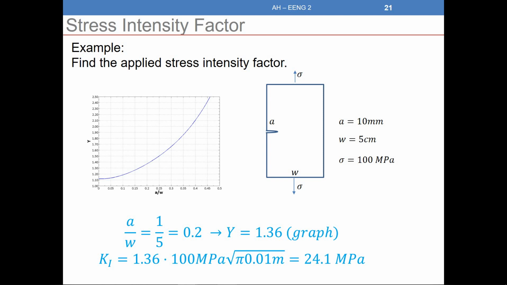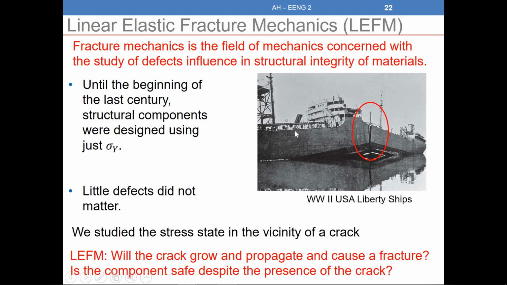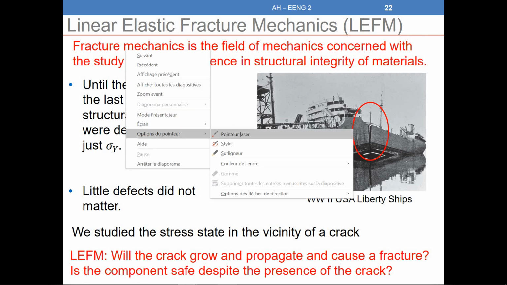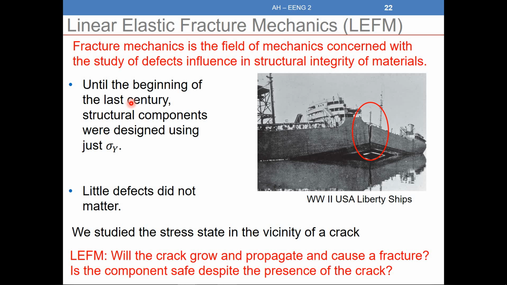Now, in all the cases that we studied here, we just took the case of a normal stress and a crack either on the edge or in the middle. Now, just to remind, as we said at the beginning of the lecture, in fracture mechanics we need to understand how the crack will propagate or not. In the beginning of the last century, all the mechanical components were designed using only sigma y, the yield strength.